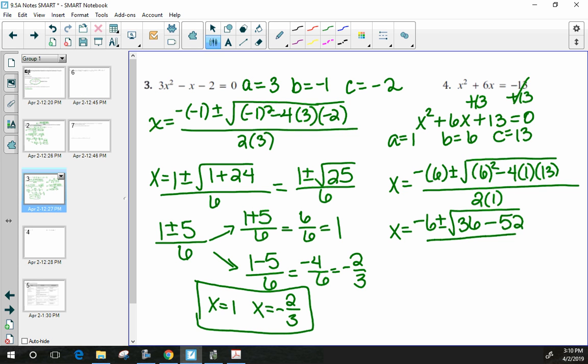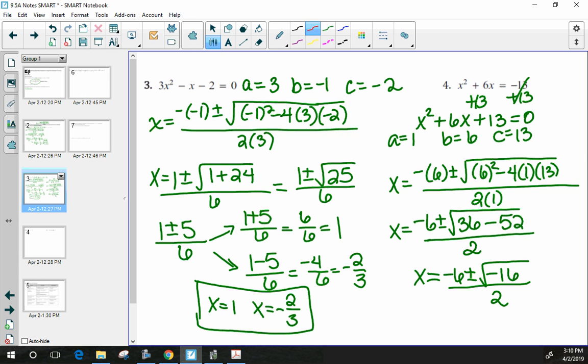All of that over 2 times 1, which is just 2. Now, what is 36 minus 52? -16. So now we have x equals -6 plus or minus the square root of -16 over 2.